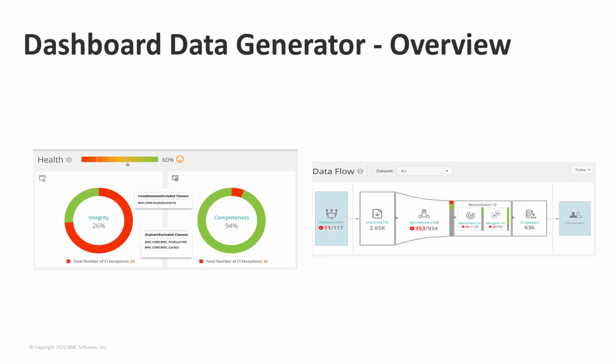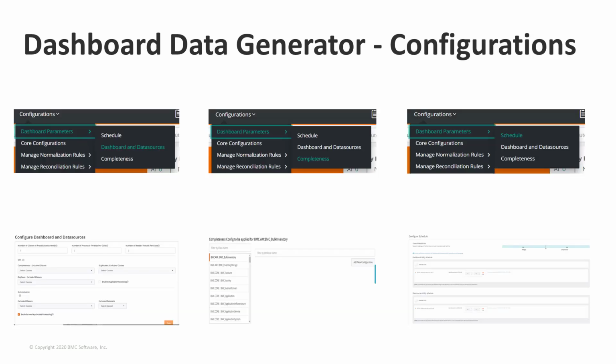These values are not generated at runtime, but on every run of the dashboard utility and data sources utility. So it's done on a schedule, basically. BMC recommends that you schedule this utility for off-peak hours to avoid an adverse impact on system performance, and also to avoid overlapping of schedules for both utilities. You must have a minimum difference of 1 hour between the schedules.